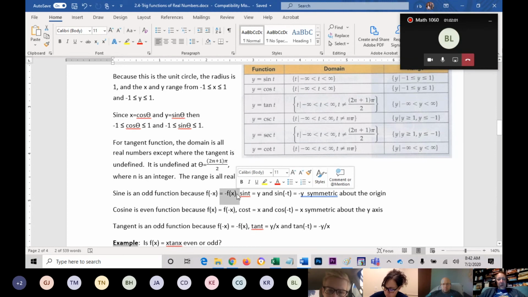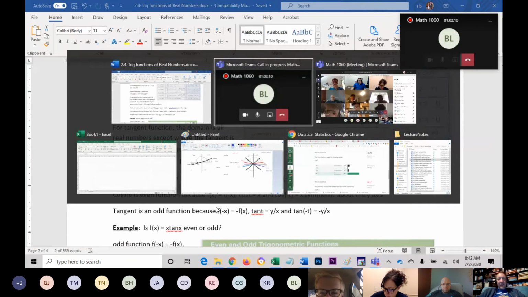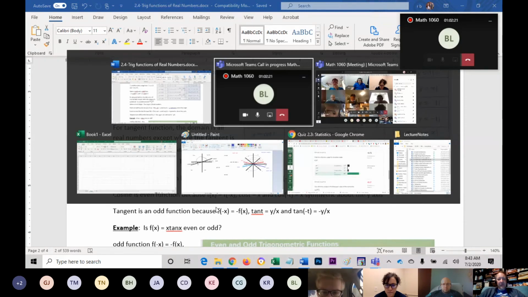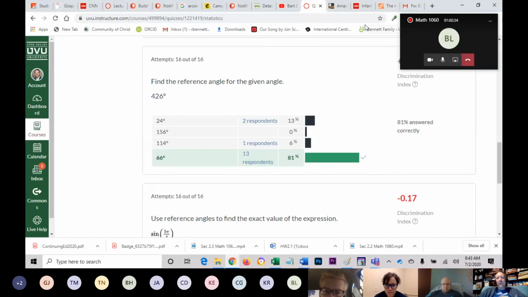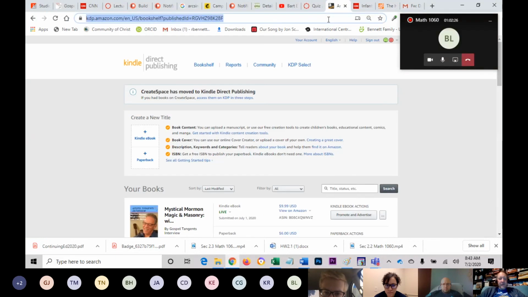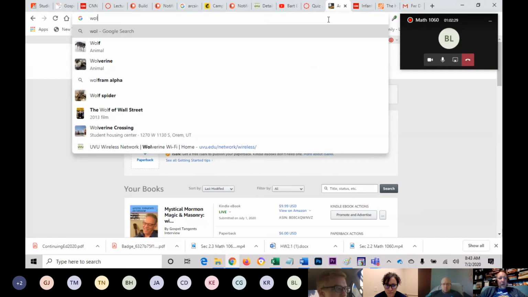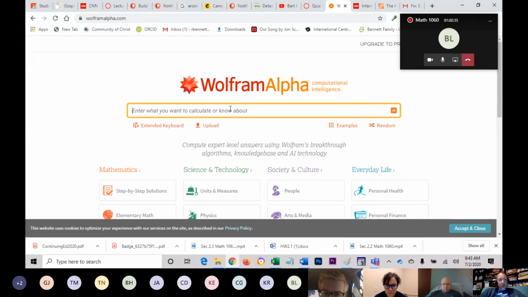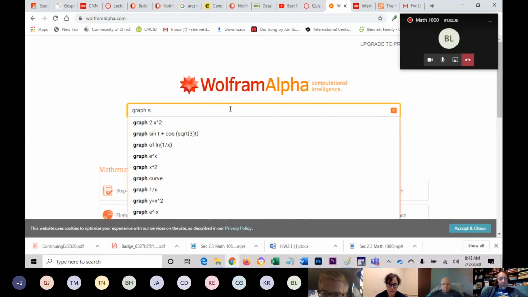Even though it's odd to me that the book is introducing this, I think this will make a lot more sense when we actually start graphing sine functions. I'm going to introduce something else to you. Graph sine of x.